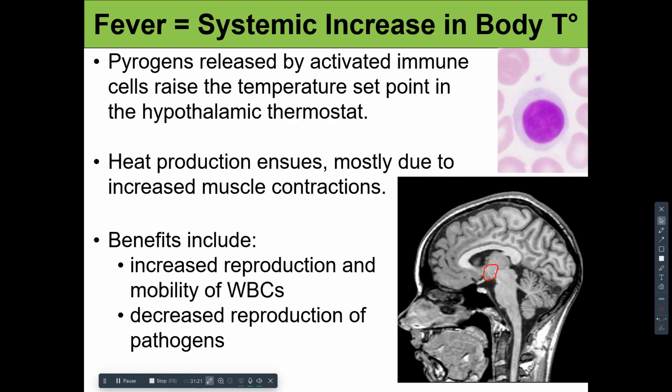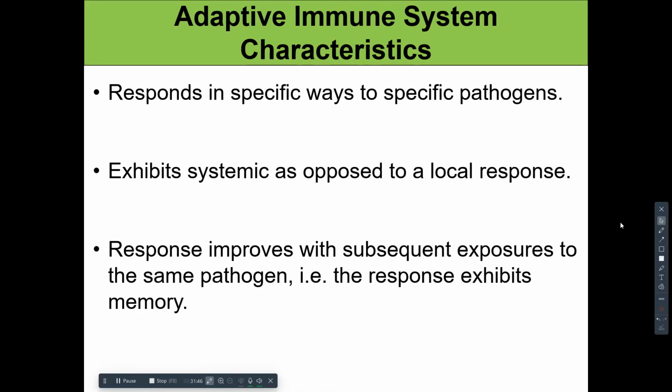Now, also, it does the opposite for pathogens. It reduces the ability of pathogens to reproduce. So we got the best of both worlds. We got our white blood cells reproducing faster, and the infectious organisms reproducing more slowly. And with that, we are done our non-specific branch of our immune system.